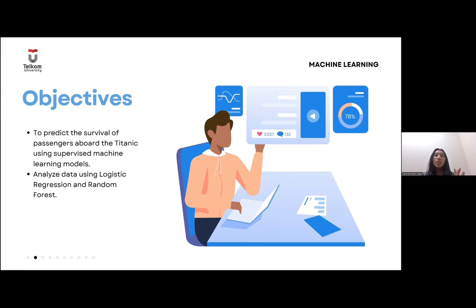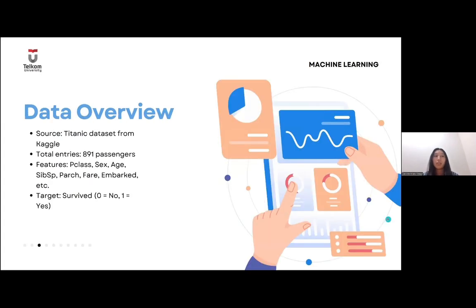Secondly, we focus on analyzing the data using two specific models, logistic regression and random forest. These models will help us understand which factors influence survival and allow us to build a reliable prediction system. The next slide will be presented by Paulina.